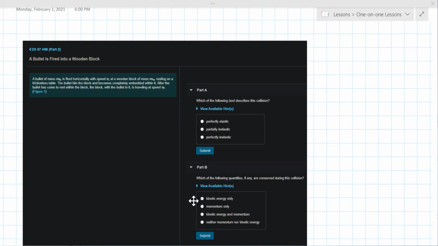All right, I think it's momentum. Okay, momentum. Yep, momentum only. Correct. Okay, so then part C: what is the speed of the block after the collision?